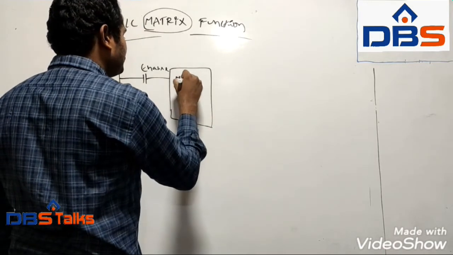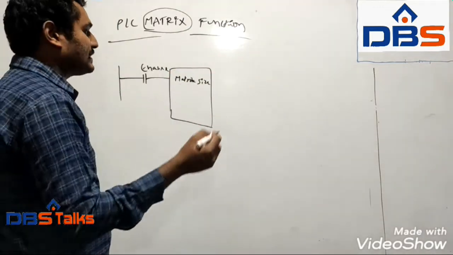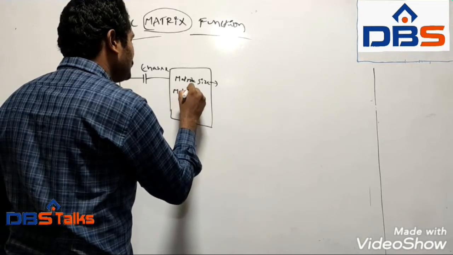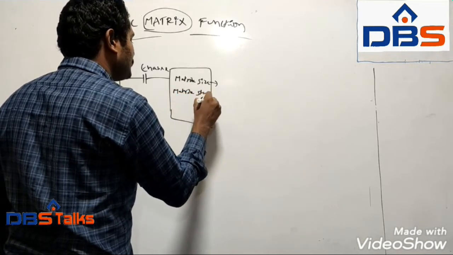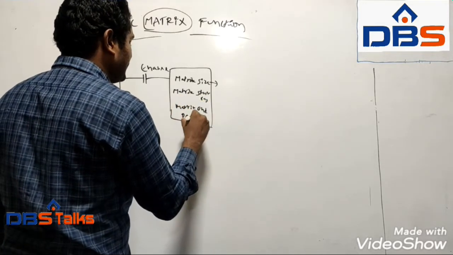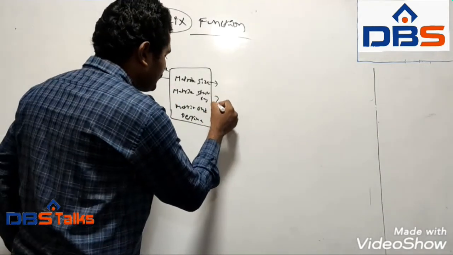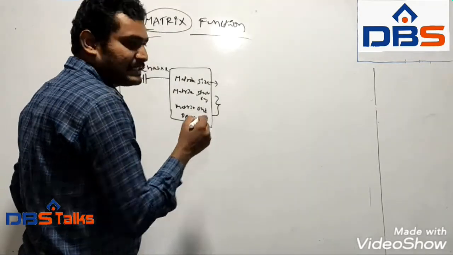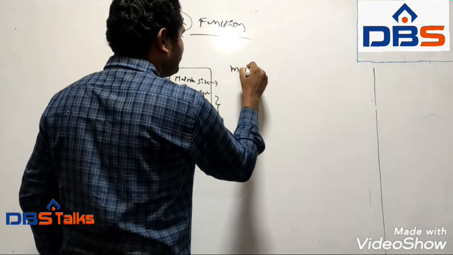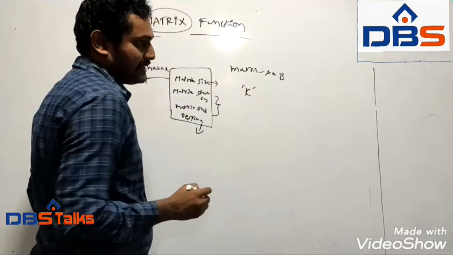Here I am using one functional block for the matrix. First we mention the matrix size, such as 2 by 2 or 3 by 3. After that we mention the matrix start and end positions and the destination matrix. We use two matrices for the input and one matrix for the resulting output, say matrices A and B as inputs and C as the resultant matrix.